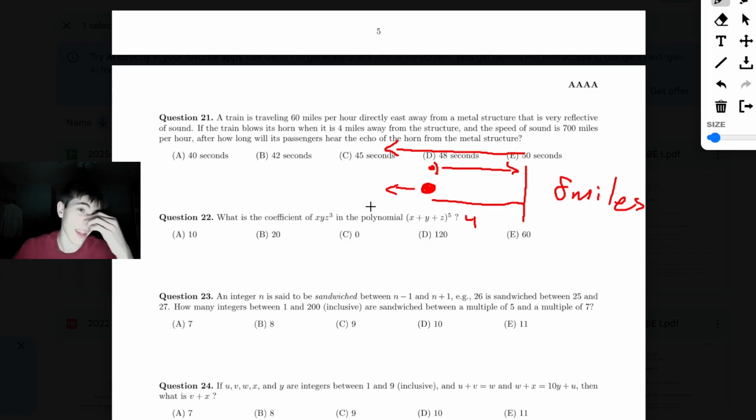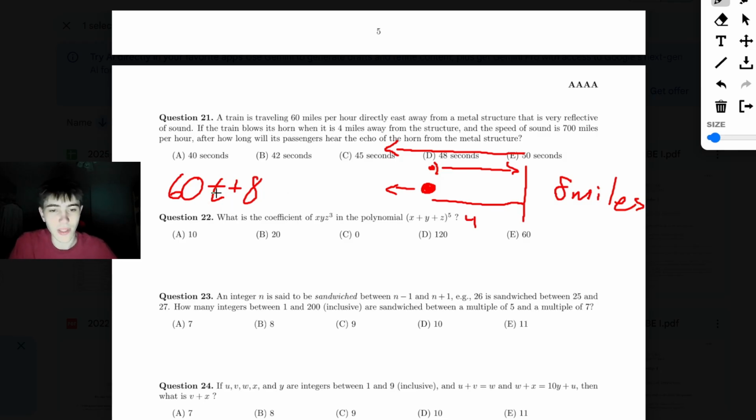So if we measure in hours because it's miles per hour, this would be 60t plus 8, because we've got an 8 mile head start. This is how many miles the train will travel after t hours in the situation we've constructed, not in actual reality.